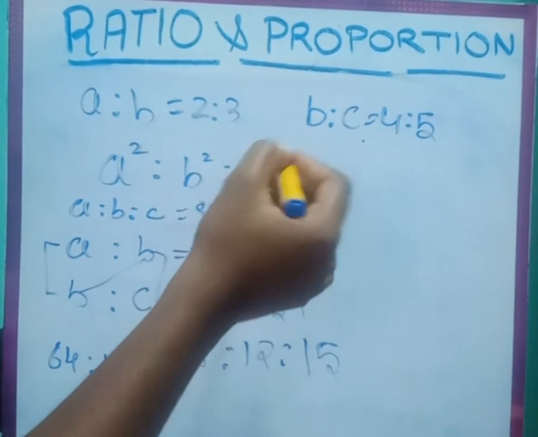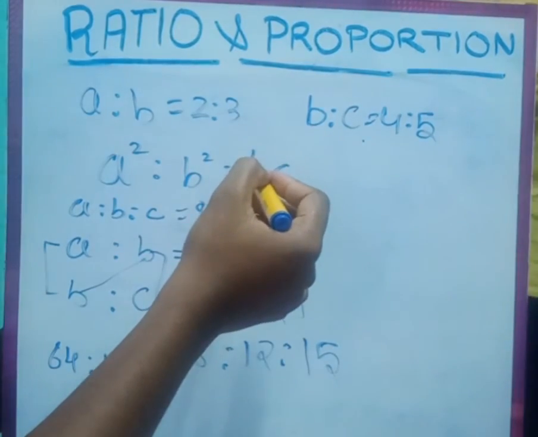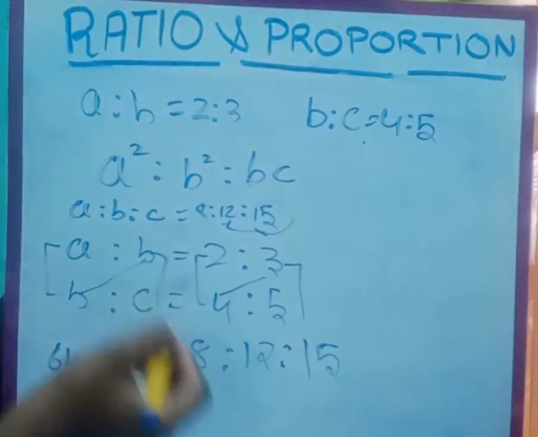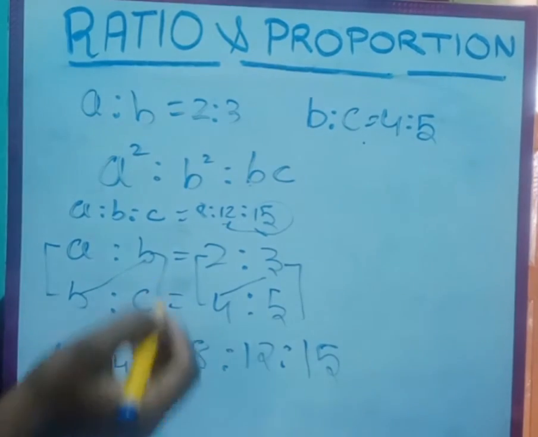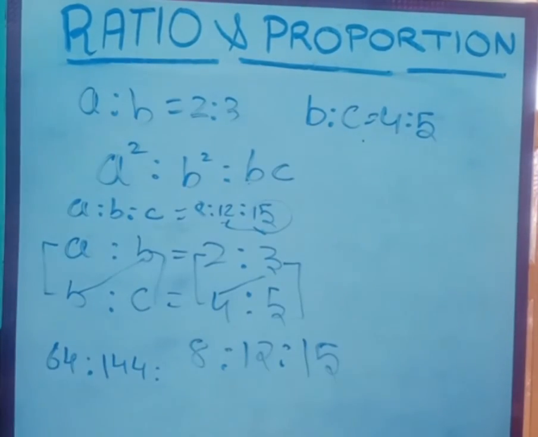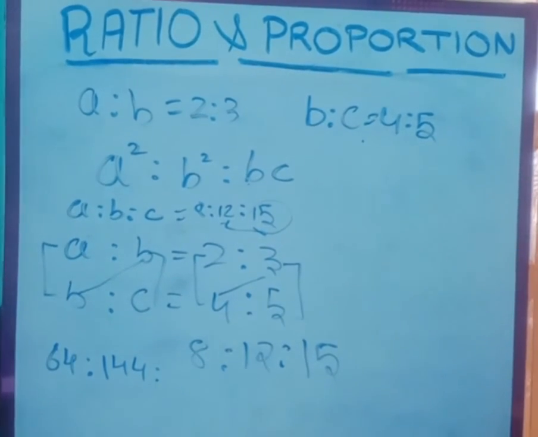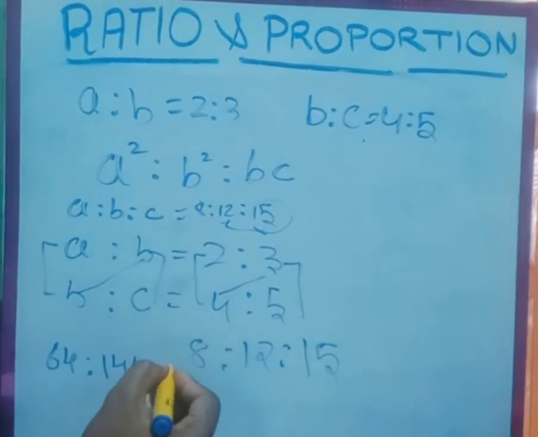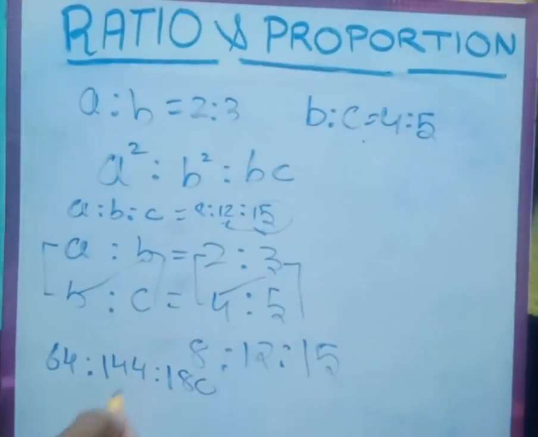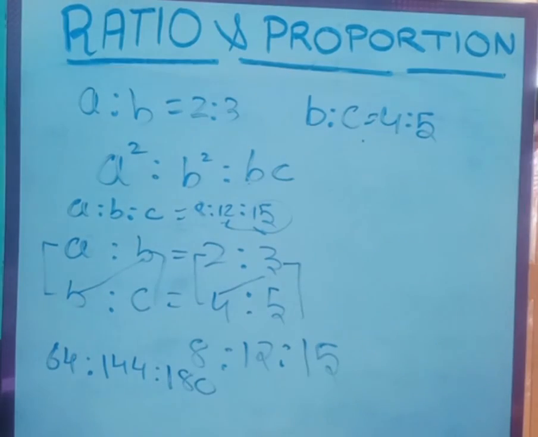So what is 12 into 15? 12 into 15 is 150 plus 30, which is 180. So we have 64, 144 and 180.